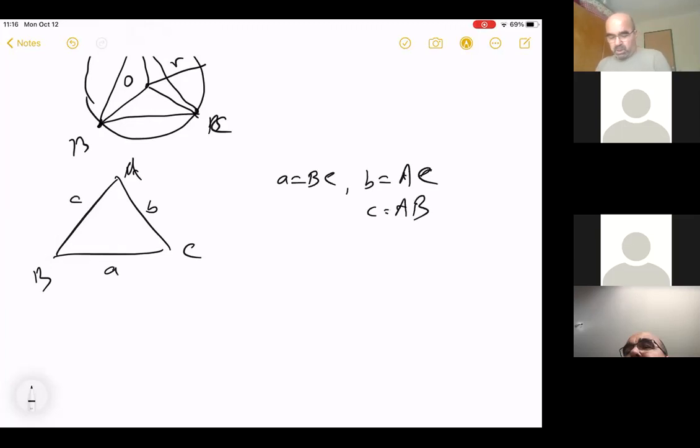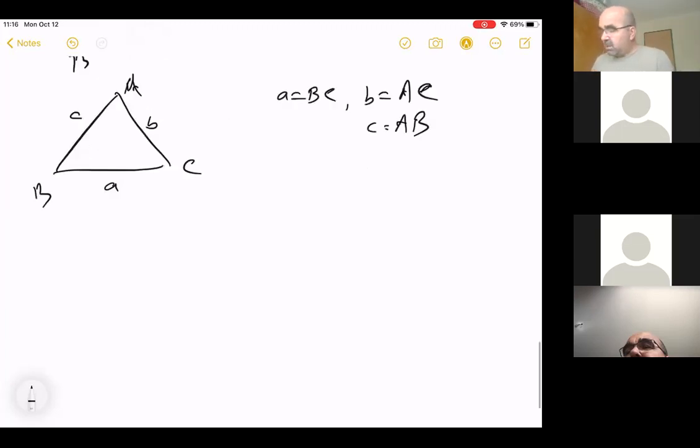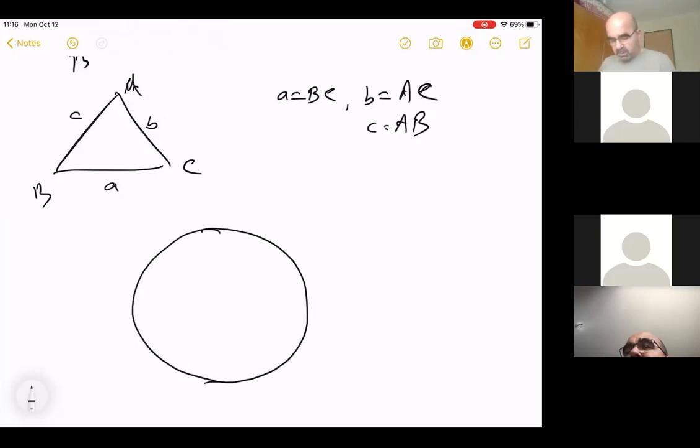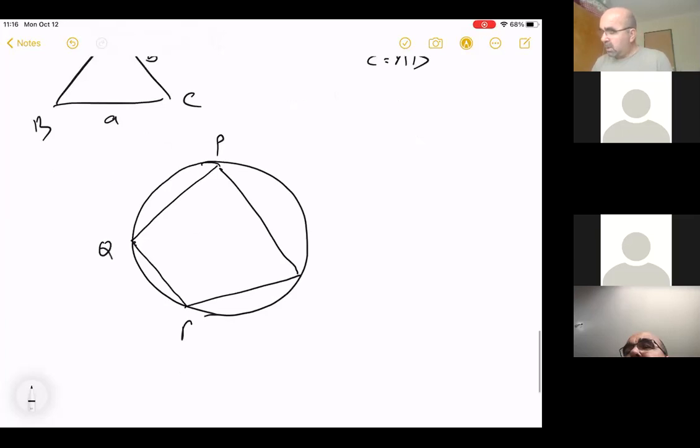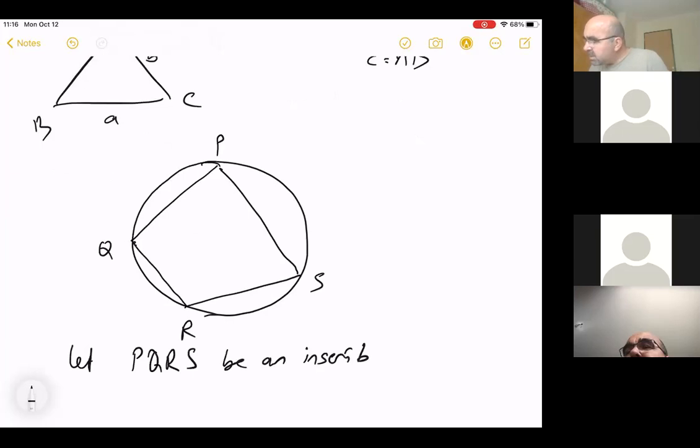Okay, one more thing. Suppose we have a circle and a quadrilateral like this, namely P, Q, R, S. Let PQRS be an inscribed quadrilateral.